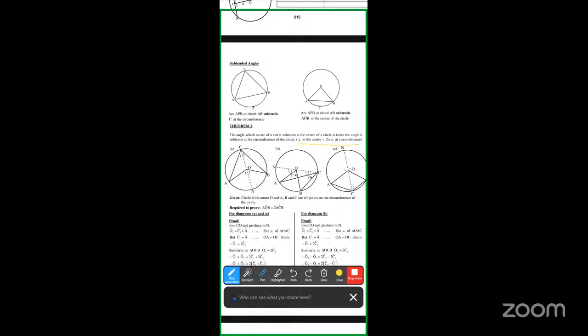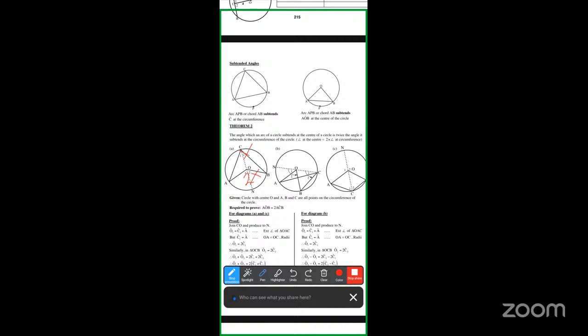Meaning if we focus on this diagram, this angle at the center is 2 times that angle. If I said to you that the angle at the circumference is x, then according to this theorem, the angle at the center will be 2x.